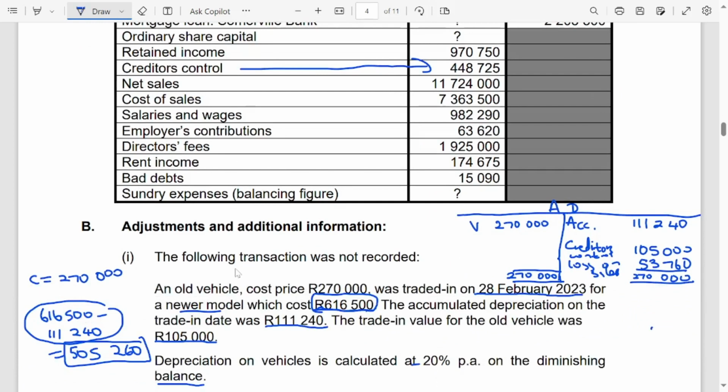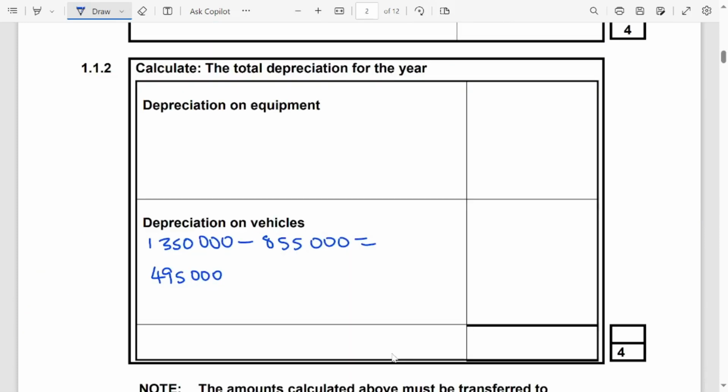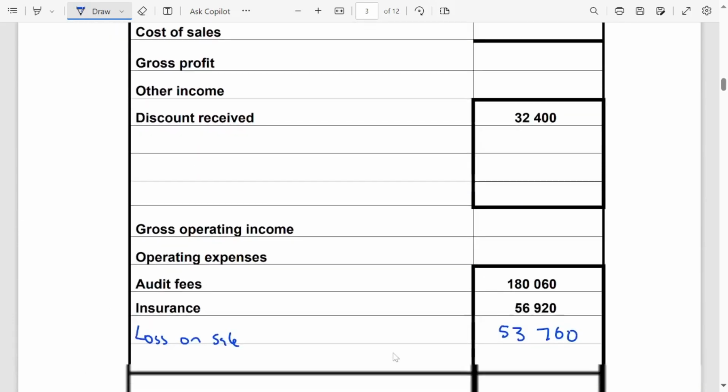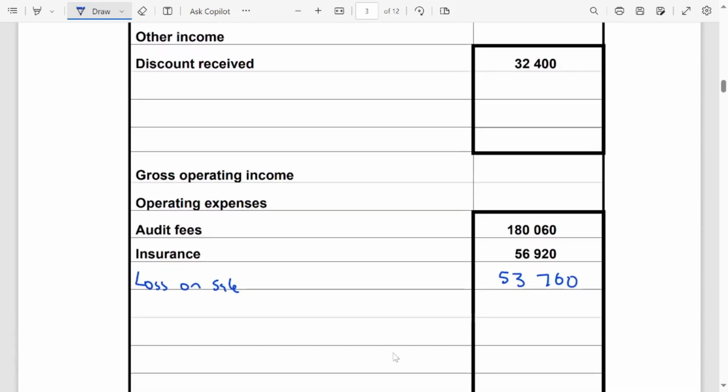You see, at 20% per annum on the diminishing, we're going to say multiply by 20%, multiply by 12 over 12, since it stays for the whole year. So 495,000 multiplied by 20% is going to be 99,000. So this depreciation is going to go to your income statement.